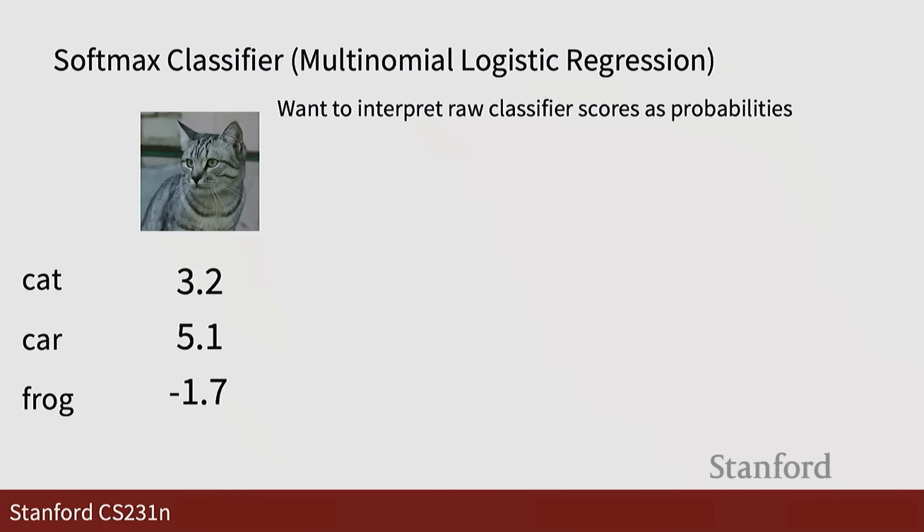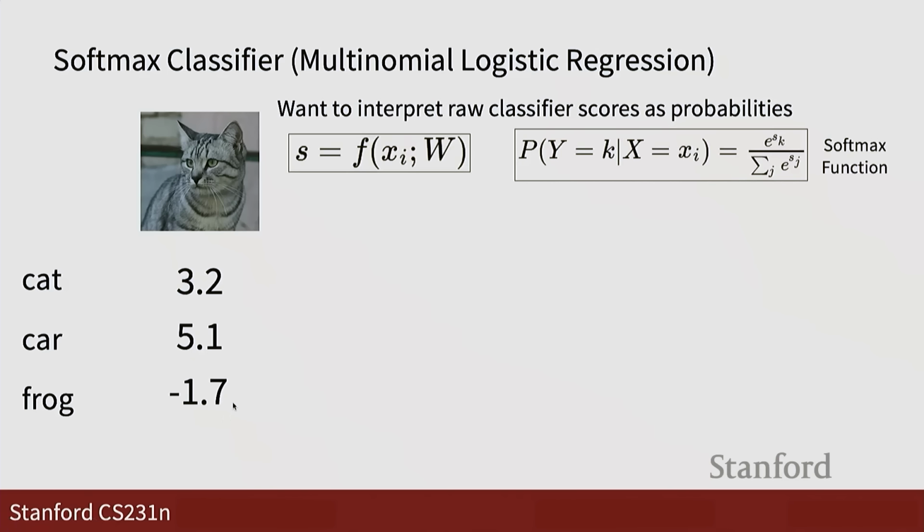As an example, for that cat, if you remember, the scores that were given were 3.2, 5.1, and minus 1.7. These are the scores that are the output of the function we discussed, f(x_i, W).